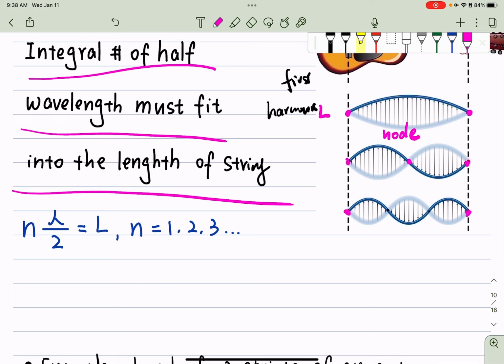So here if we take this to be x, this to be my y, we start from 0, and whenever my y equals 0, that corresponds to a node in my wave. So in this example, in my first harmonic, there's 0 node. For my second harmonic, that's 1 node, and this one has 2 nodes.